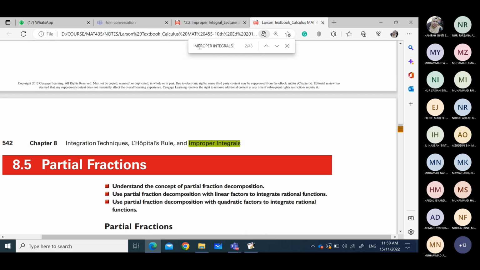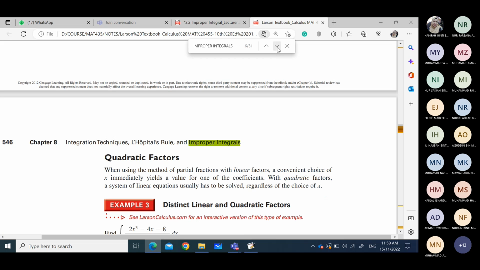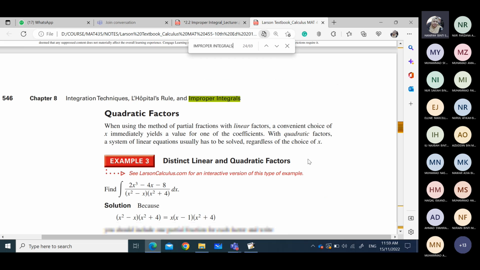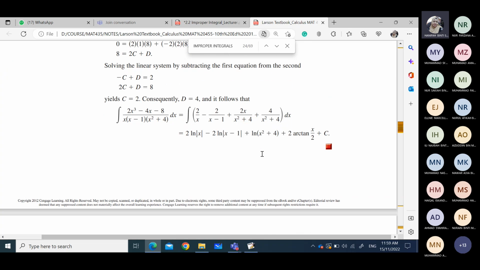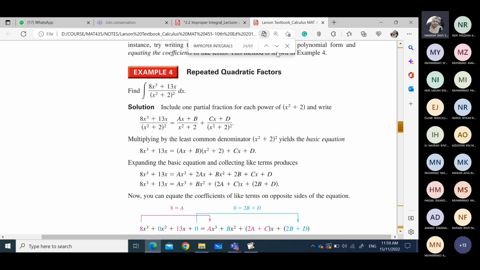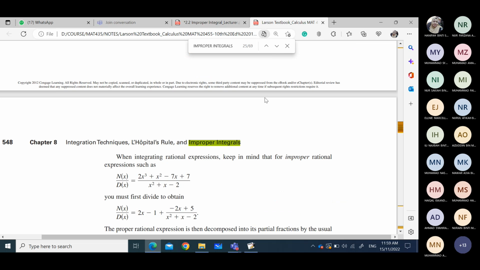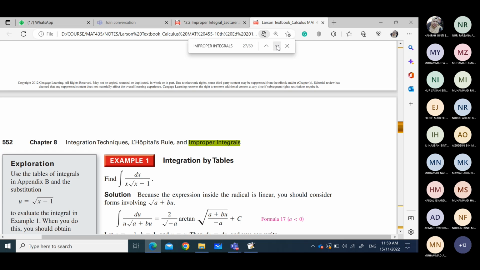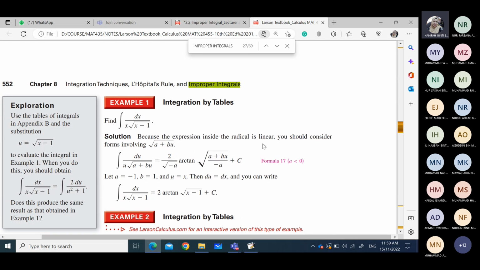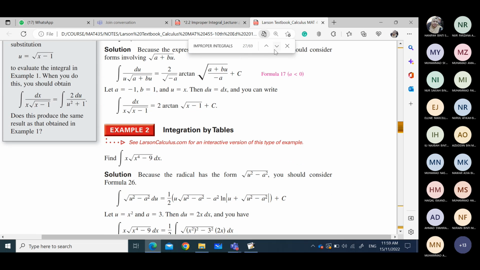Okay, so this is about quadratic factors in textbooks. Semana yang tak jelas dalam kelas, you boleh tengok dalam example in textbooks. Okay, dia lebih clear lah. Okay, so how repeated L'Hopital's rule and improper integral. Okay, so this one is about improper integral.